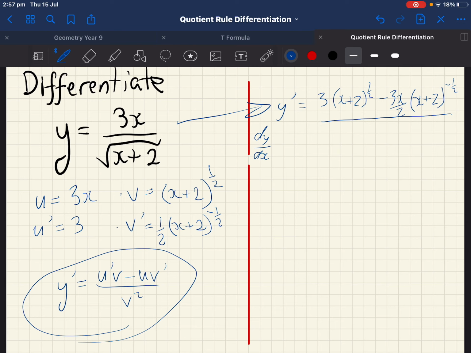So we square that, and you're just going to end up with an x plus 2. Or if you wanted, you could keep it as the square root of that squared. It doesn't really make a difference.